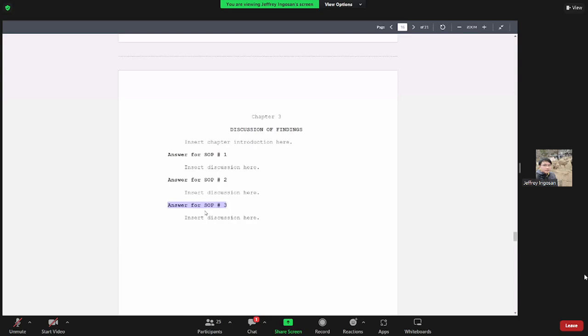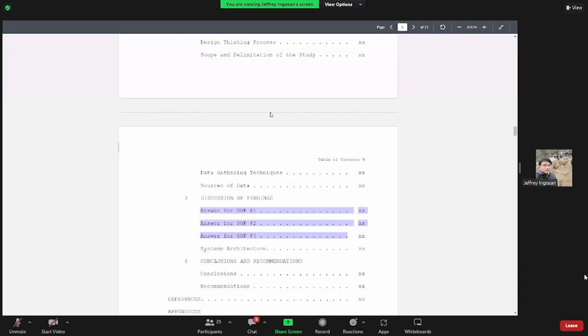The systems architecture is fixed. By the way, I could recall there were students who included in the statements of the problem or objectives of the study the systems architecture.